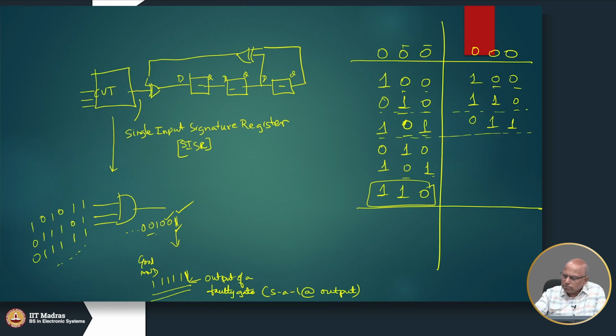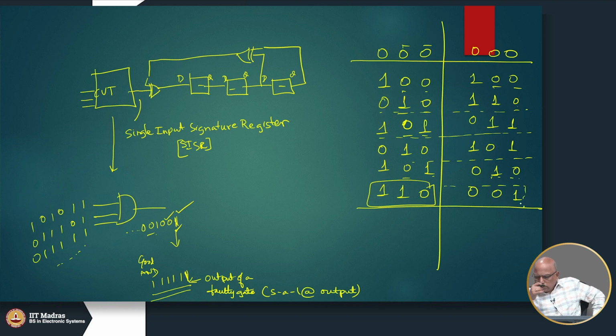Once again a 1 comes. So, 1 plus 1 plus 1 is 1, giving 1 0 1. Then 1 plus 1 plus 1 is 0, so 0 1 0. And lastly again 1 plus 0 plus 1 is 0, giving 0 0 1.